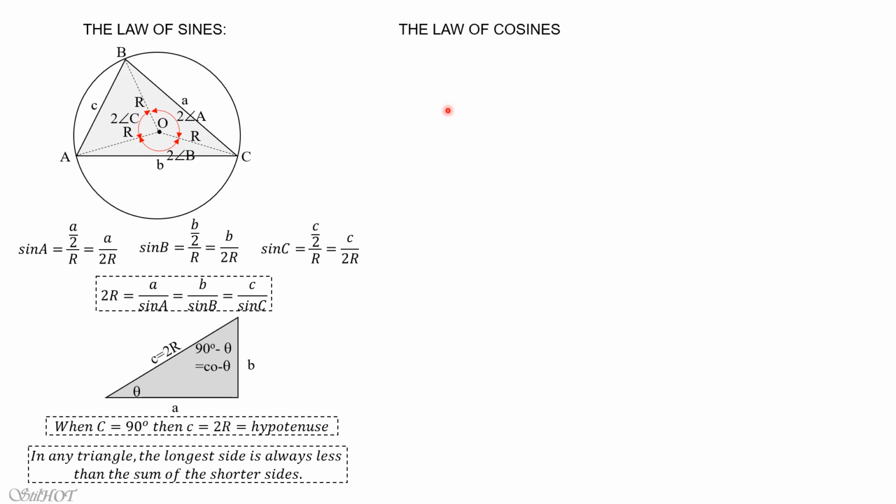Then we have the law of cosines. Before deriving it, let's have a triangle again. From point B, we drop a line perpendicular to the base. Let's make the base horizontal for simplicity. Then we form two right triangles, the left side and the right side.